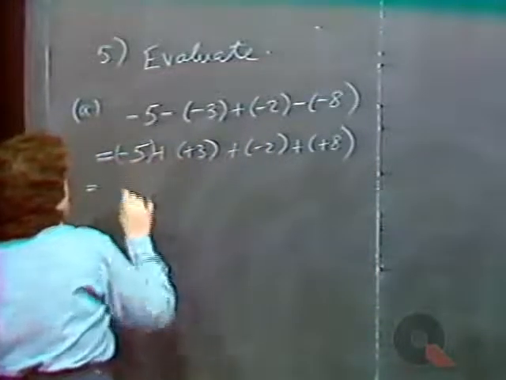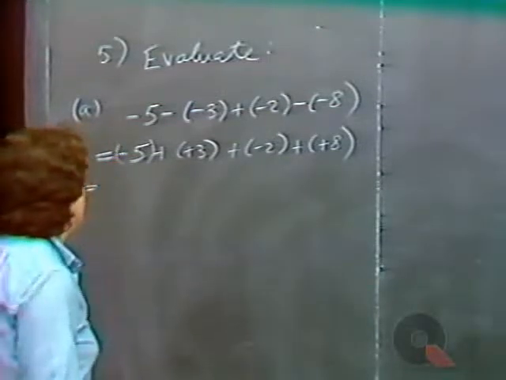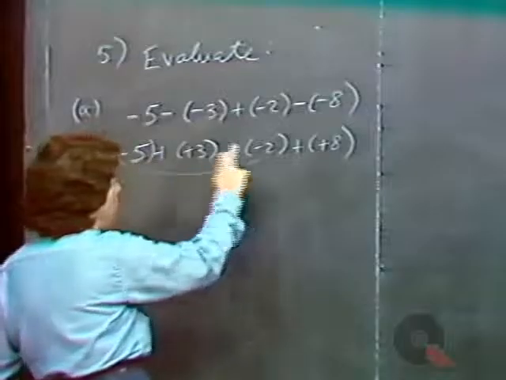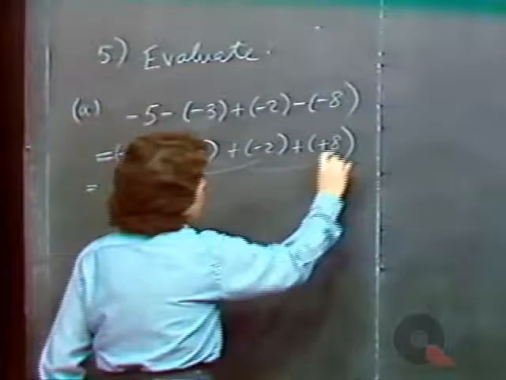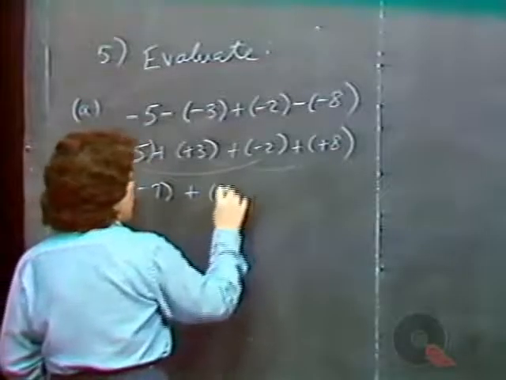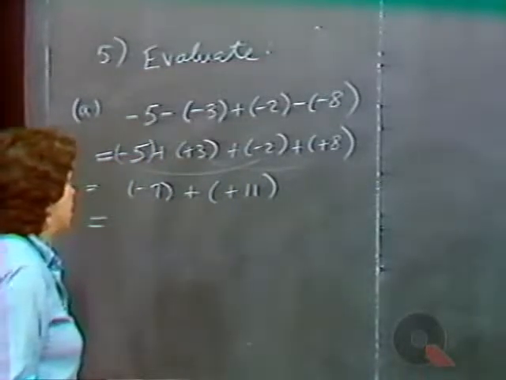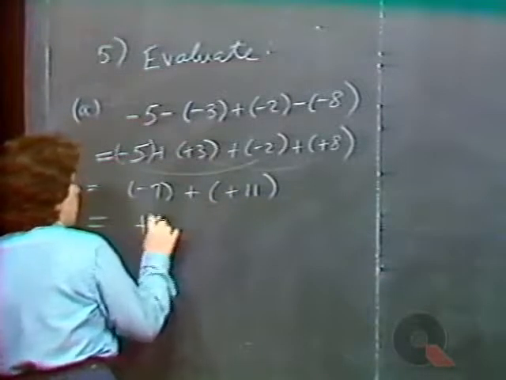So we have really minus 5 and a plus 3 and a minus 2 and a plus 8. Adding the like signs, minus 5 and the minus 2, that's a minus 7. And plus 3 and plus 8, that's plus 11. And now adding the unlike signs, minus 7 and a plus 11, gives us an answer of plus 4.